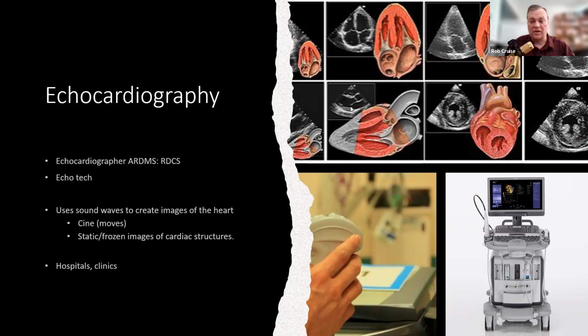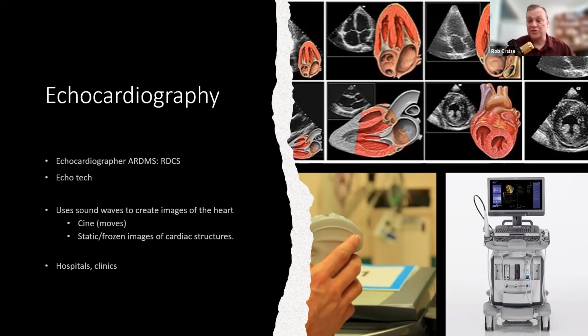So you can see that they can take all sorts of different images using this transducer. They find what's called the window and put the transducer there. It passes through, for example, your ribs would block the sound waves. So you can't go through a rib, so you have to go in between the ribs at a certain area.